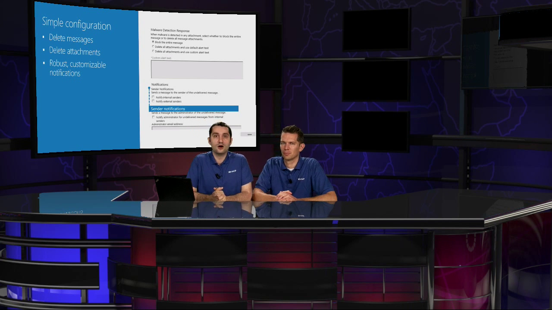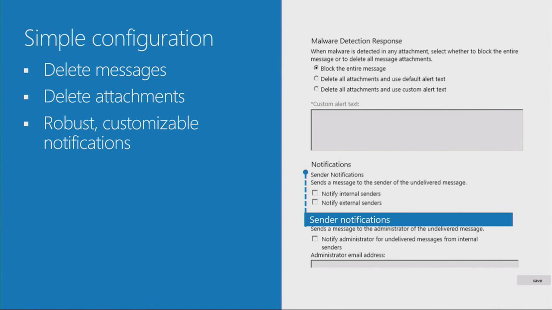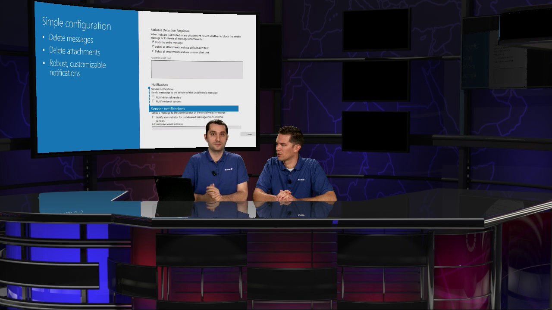Then we have another option to notify the original sender. We can decide to notify the internal sender about a potential issue with the message and notify also the external sender. This is up to you, because we will generate many messages inside and outside the organization because of all these notifications. You can also decide to send a notification to your administrator about this block.